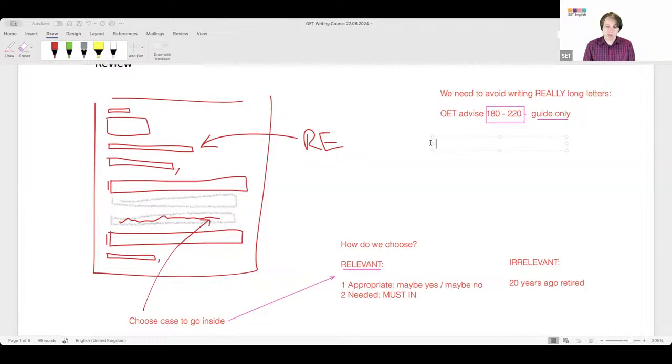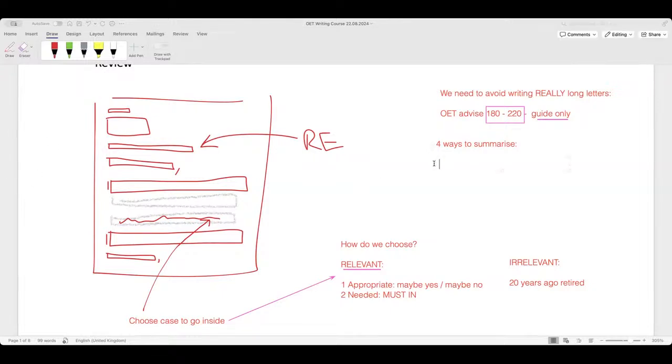Very quickly, does anyone remember the 4 ways to summarize I said this week? Referencing. That would be number 2, referencing, yeah. What's number 1, the best one? Main idea. Use main ideas, okay.